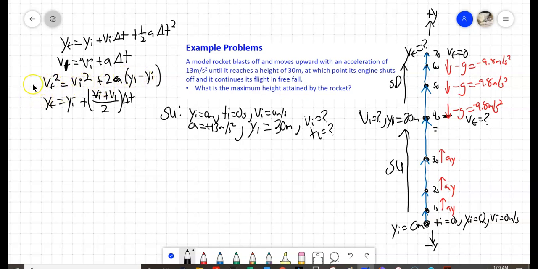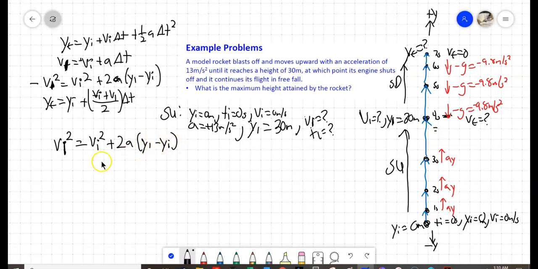So I think what I want to do is use this equation right here to find the final velocity, the velocity at where it hits that 30 meter mark and the acceleration is about to turn off. So let's do that. We have v1 squared is what we're solving for, and that's equal to v initial squared, which is 0, plus, and luckily that's plus, 2a, our acceleration is going to be upwards, times y1 minus y initial.